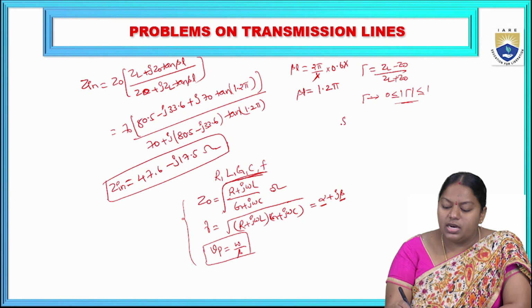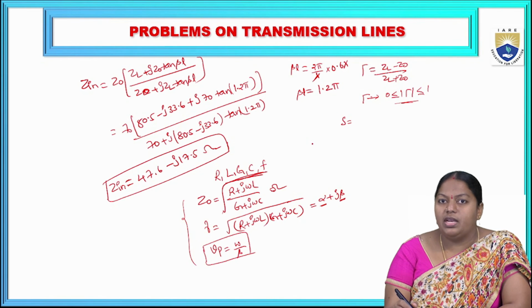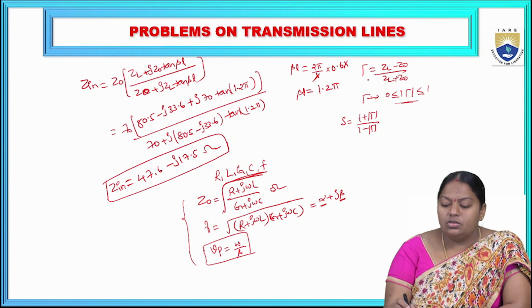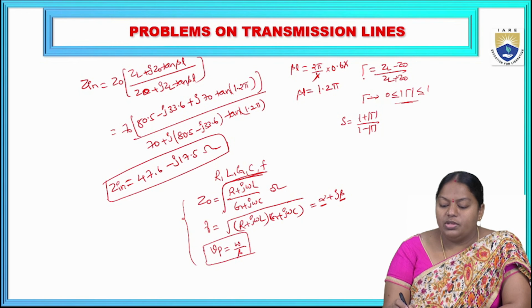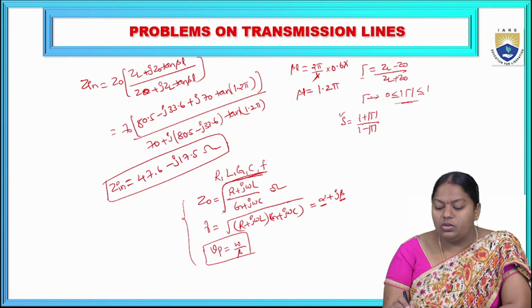Then from this gamma, the standing wave ratio S also needs to be evaluated. The formula for this is S is equal to 1 plus gamma by 1 minus gamma. Okay, so you know the reflection coefficient gamma value. To find the standing wave ratio S in terms of gamma, S is equal to 1 plus gamma by 1 minus gamma.